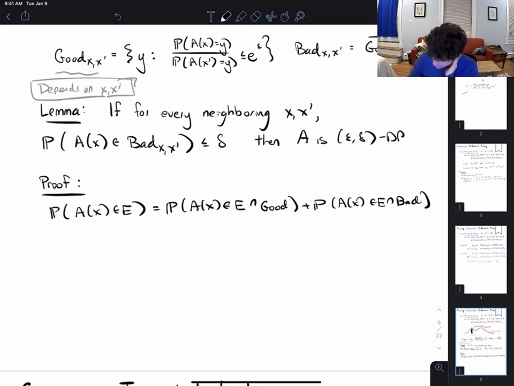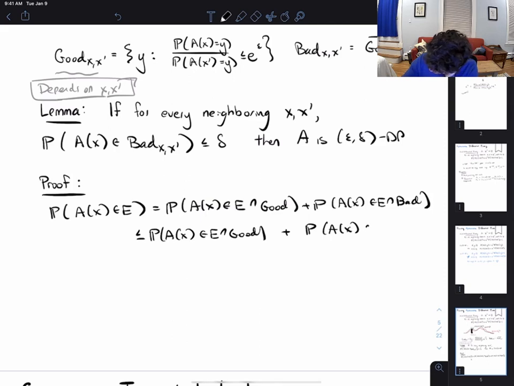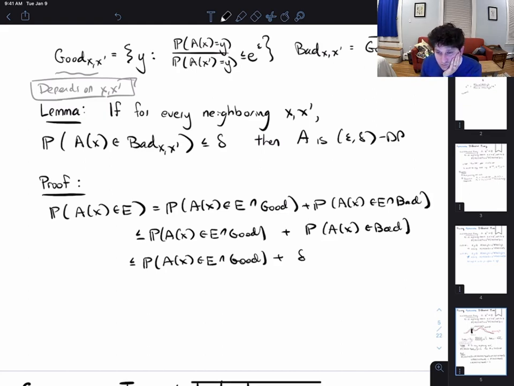Okay, so the first thing to notice is that the probability of landing in E intersect bad is at most the probability of landing in bad. For all we care, E might contain the whole bad set. And by assumption, that second term is at most delta. So that's going to be where the delta comes from.